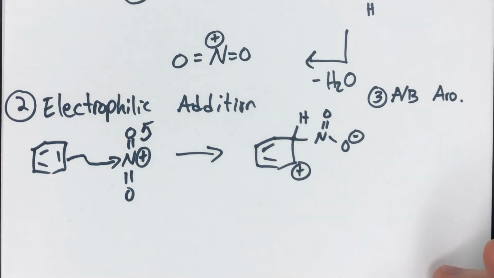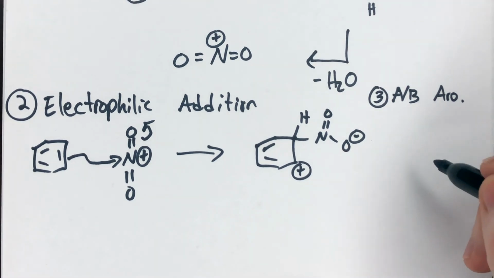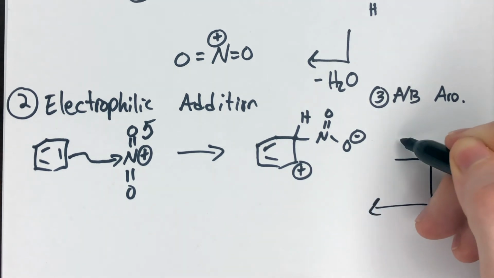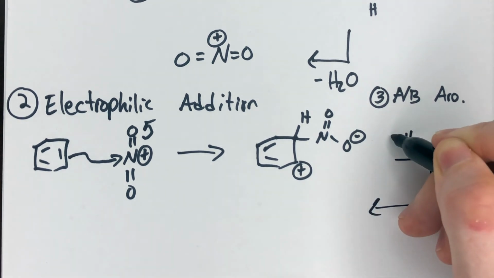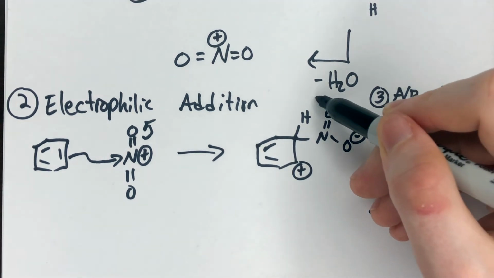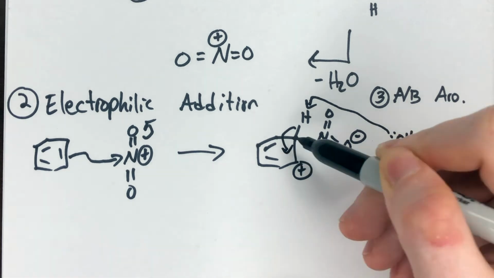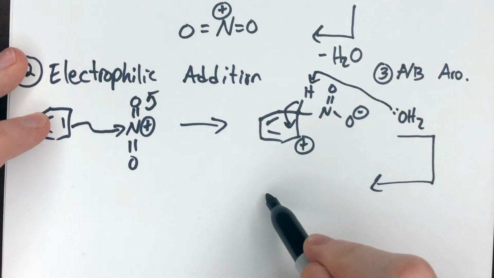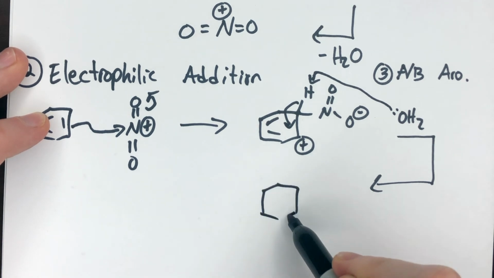So we have water floating around. So water is going to function as a base here and remove this acidic proton to reform the aromaticity. So that's what's going to happen. So this reforms the aromaticity while retaining the NO2 group on the benzene.